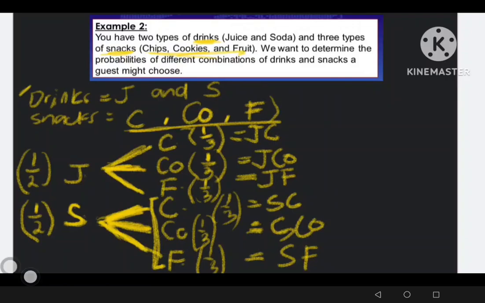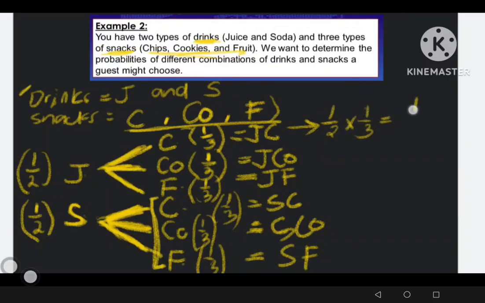So let's get the probability of each combination here. We have juice and chips. This one. So juice is 1/2. And then chips is 1/3. So 1/2 times 1/3. So we have 1 times 1 is 1. 2 times 3 is 6. So we have 1/6.